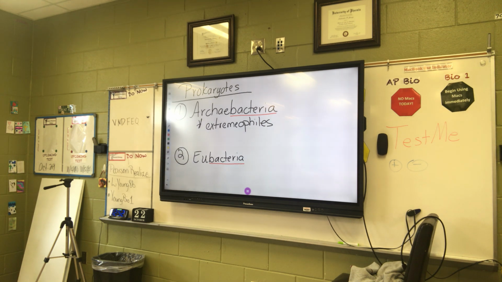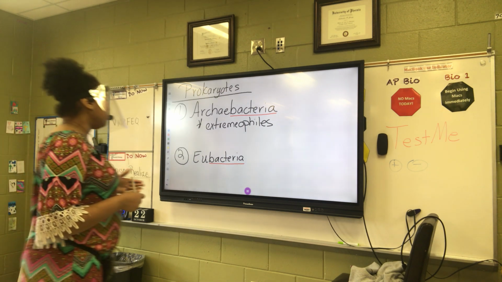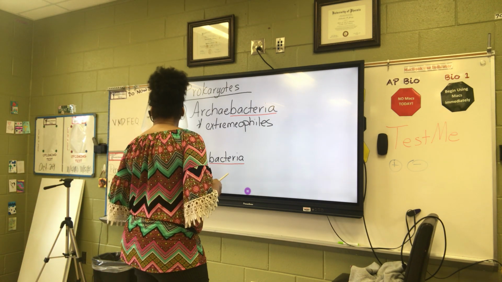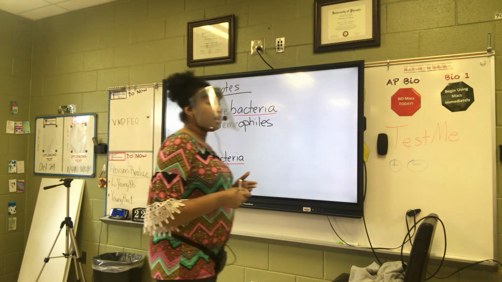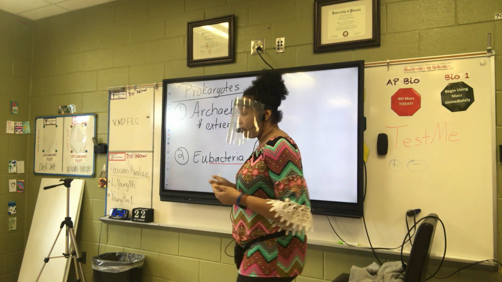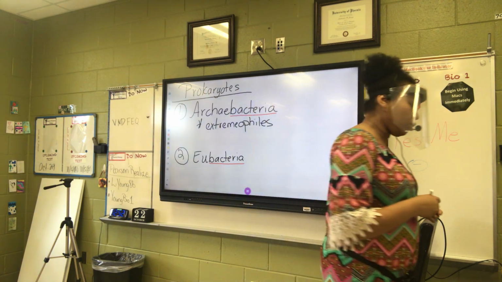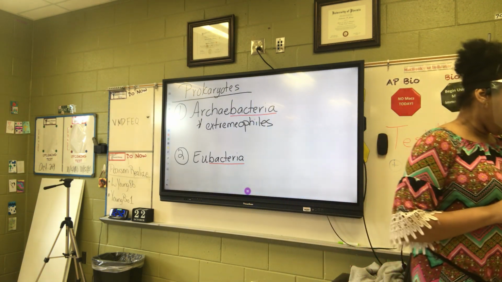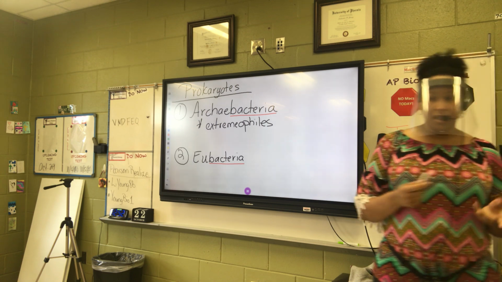So they can withstand extreme cold or extreme heat or extreme salinity. They exist in areas that normal bacteria would not be able to exist in. When I talk about salinity, I'm talking about the concentration of salt. So they're going to be found in extreme conditions.